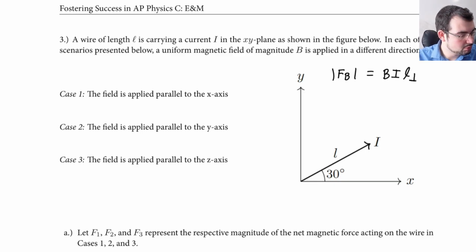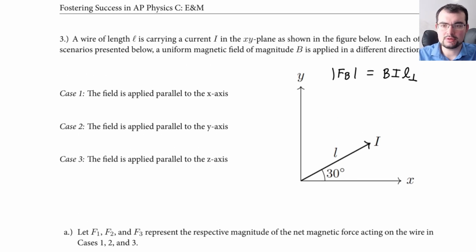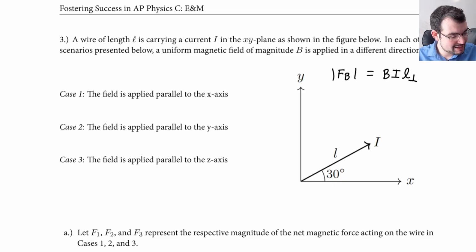So the more perpendicular the wire is to your field, the more force you experience. First of all, notice that this wire lives in the XY plane. What the B field does is ignore any of your wire that's in the direction parallel to B. So we know that F3, the Z direction B field, is going to exert the greatest force, because I have absolutely zero wire in the Z direction, right?